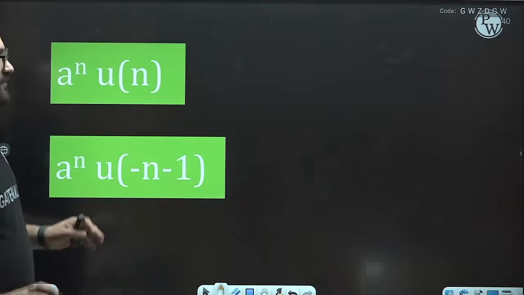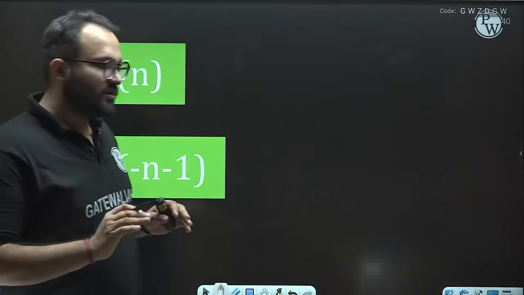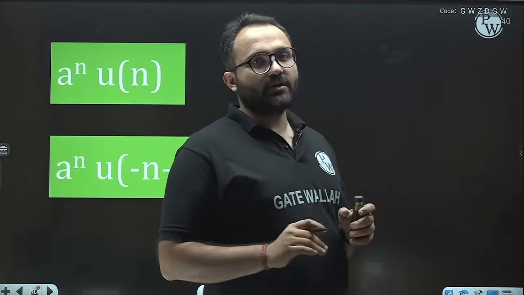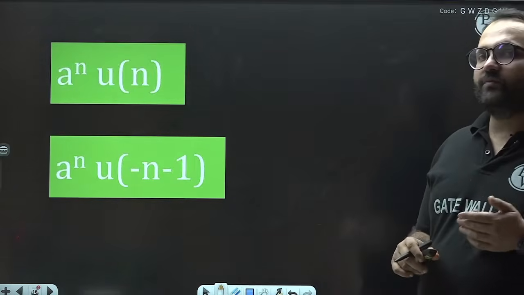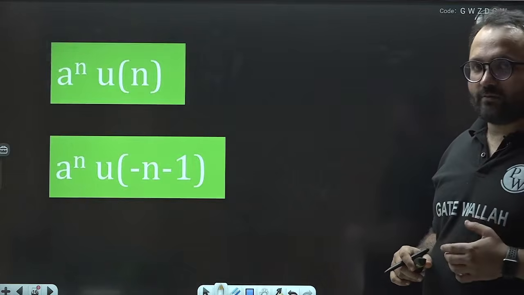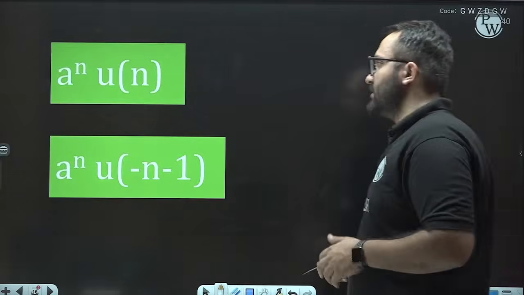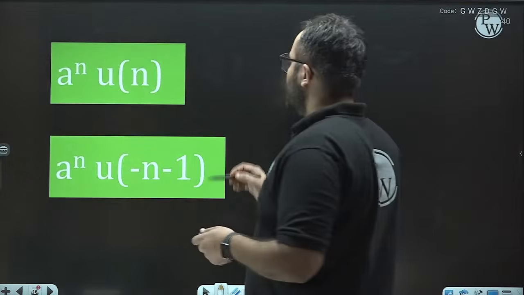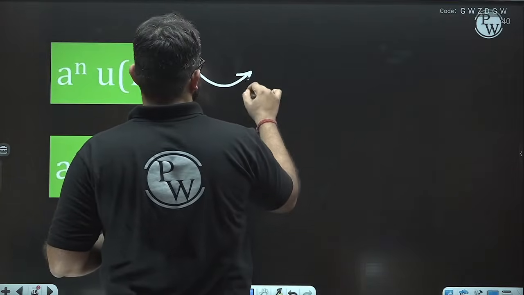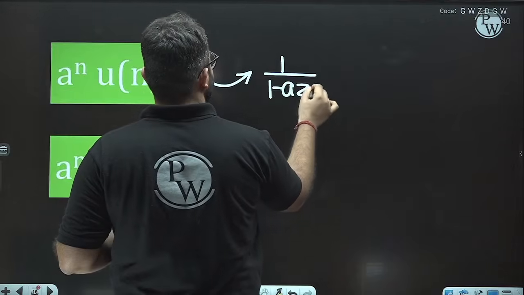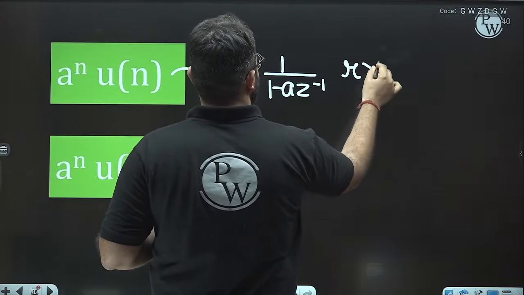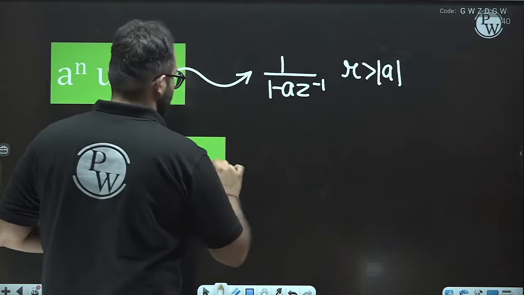So always remember these two conclusions for the Z transform. These are most important, as we have seen in the Laplace, e to power at u of t and e to power at u of minus t, the two most important formats. Similarly here we have a to power n u of n, whose Z transform is 1 upon 1 minus a z inverse, and the ROC is r greater than magnitude of a.